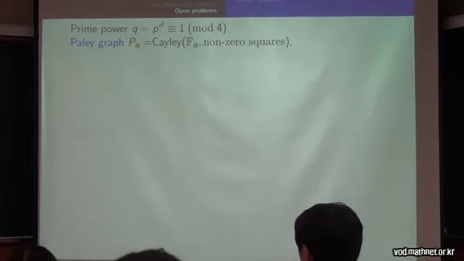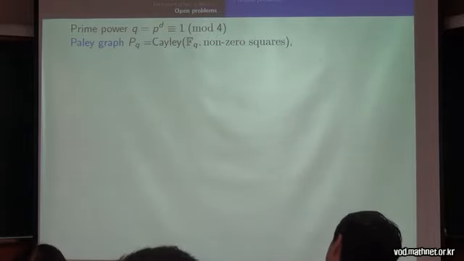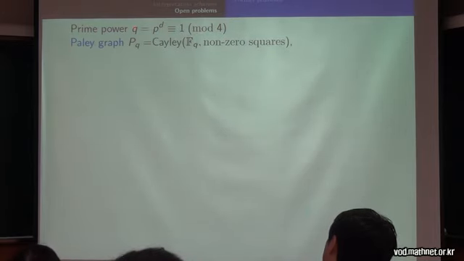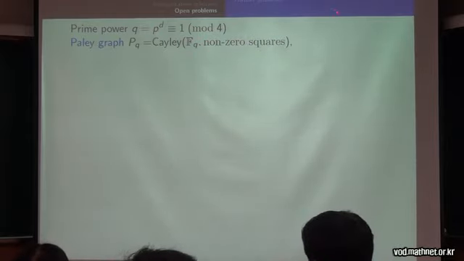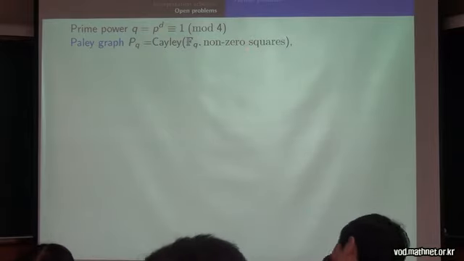So if I take a prime power that leaves remainder 1 when I divide by 4, then the non-zero squares in this field have the property that the negative of a square is also a square. And so we build an undirected graph called a Paley graph, which is the Cayley graph on the field of order Q, where you join two vertices if they differ by a quadratic residue, by a non-zero square.